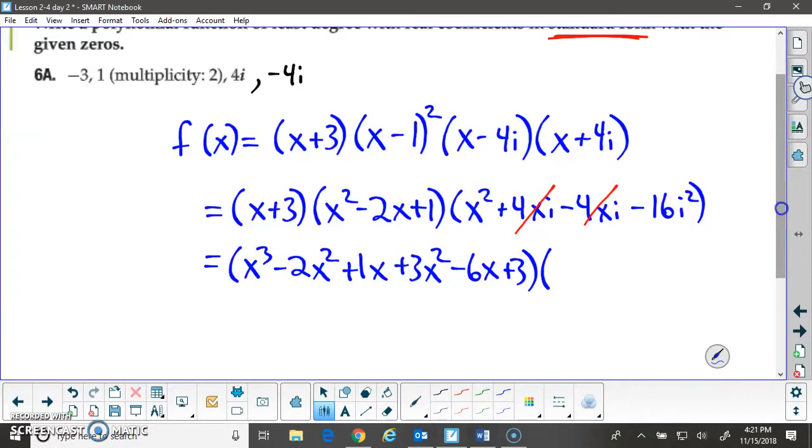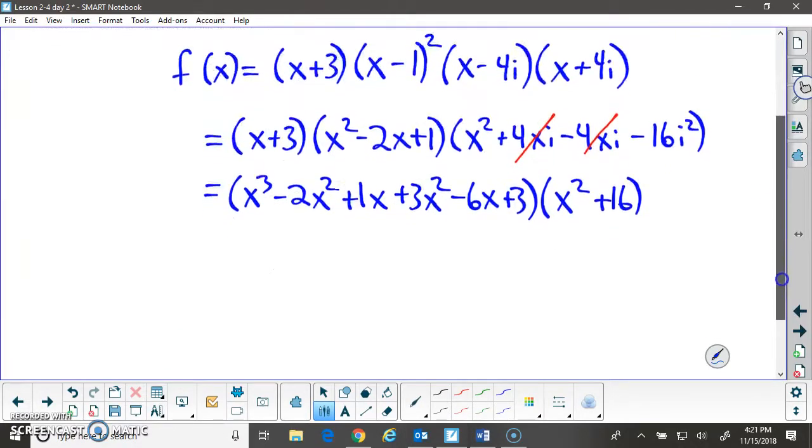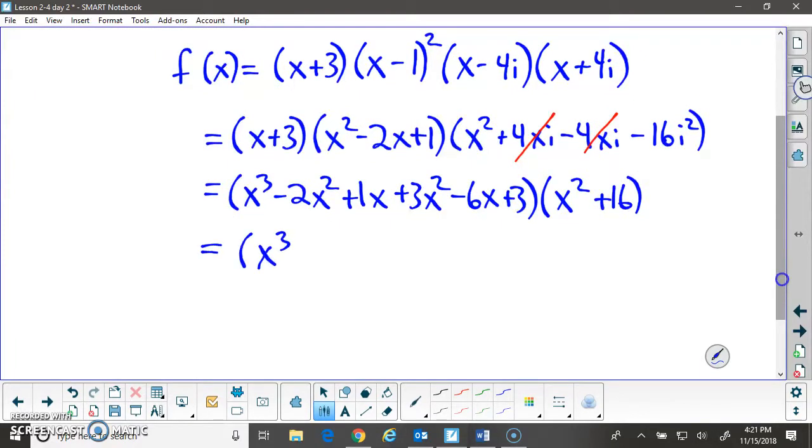And on this binomial that we multiplied with conjugates, you get x squared minus 16i squared, which simplifies into x squared plus 16, because i squared is equal to -1. So if I do some simplifying, this first set of parentheses would simplify into x to the third plus x to the second minus 5x plus 3. Still have the x squared plus 16.